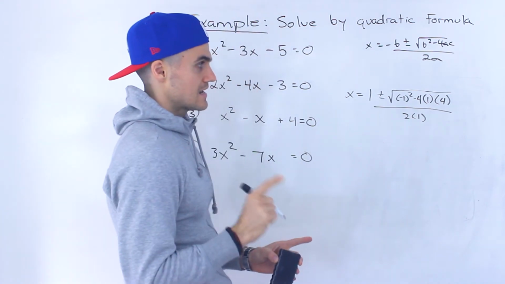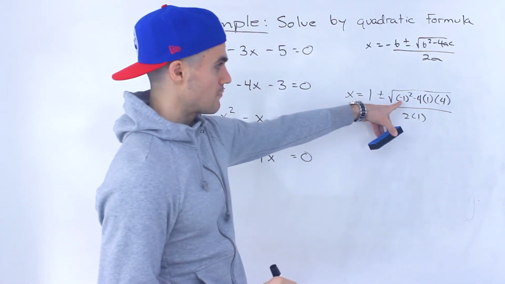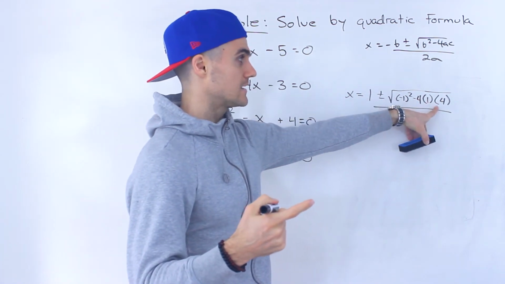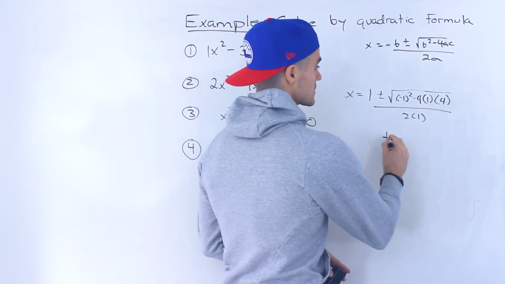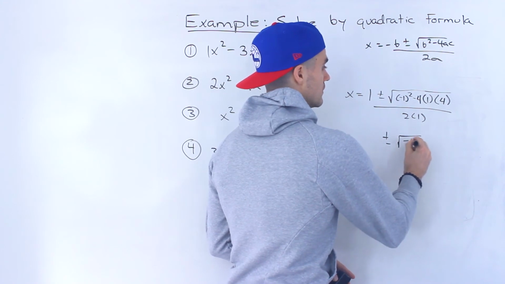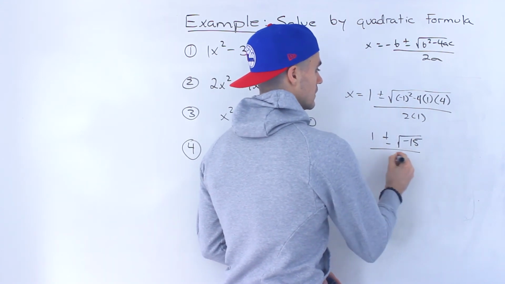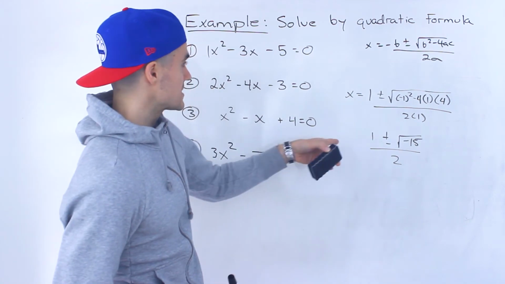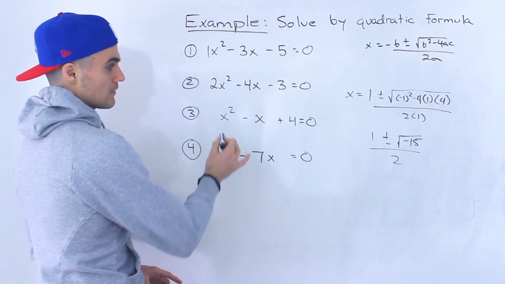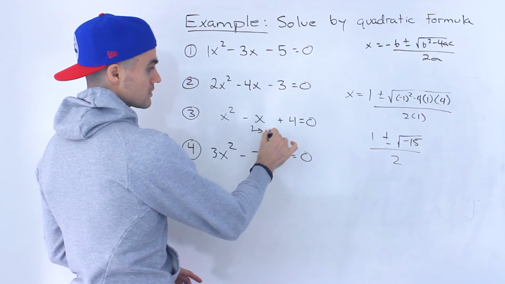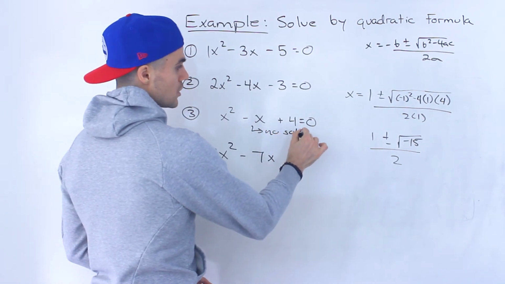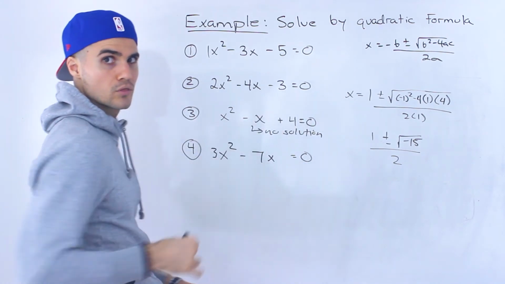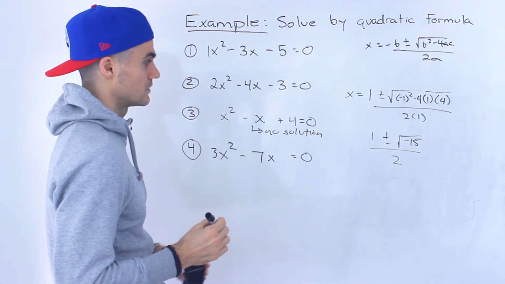Notice this isn't going to work out, because -1 to the power 2 is positive 1, minus 16, which would give us -15. You can't square root a negative number. What this means is that there is no solution to this one. There's no x value that you could plug in here that would make the left side equal 0.